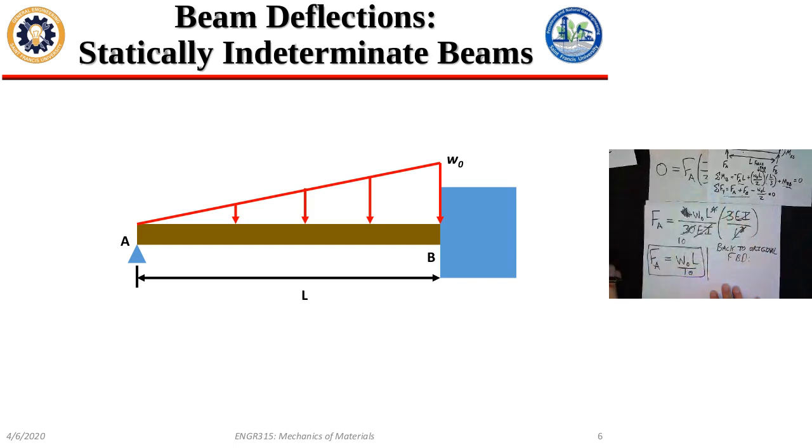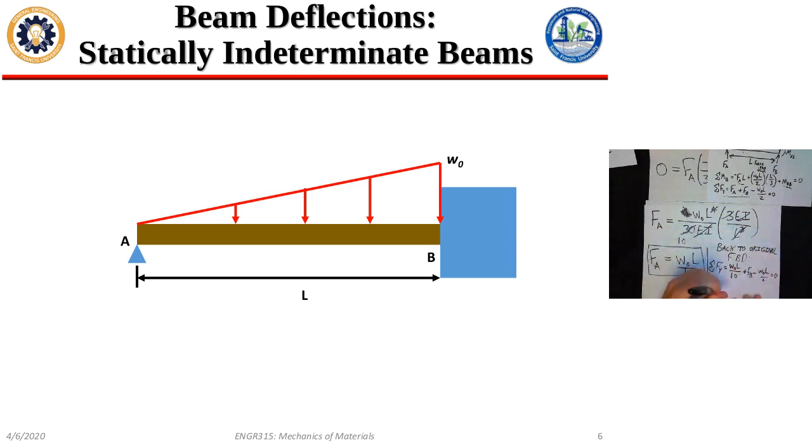So back in my original free body diagram, summation of forces in the Y equals what? W naught L over 10 plus FB minus W naught L over 2 equals 0.